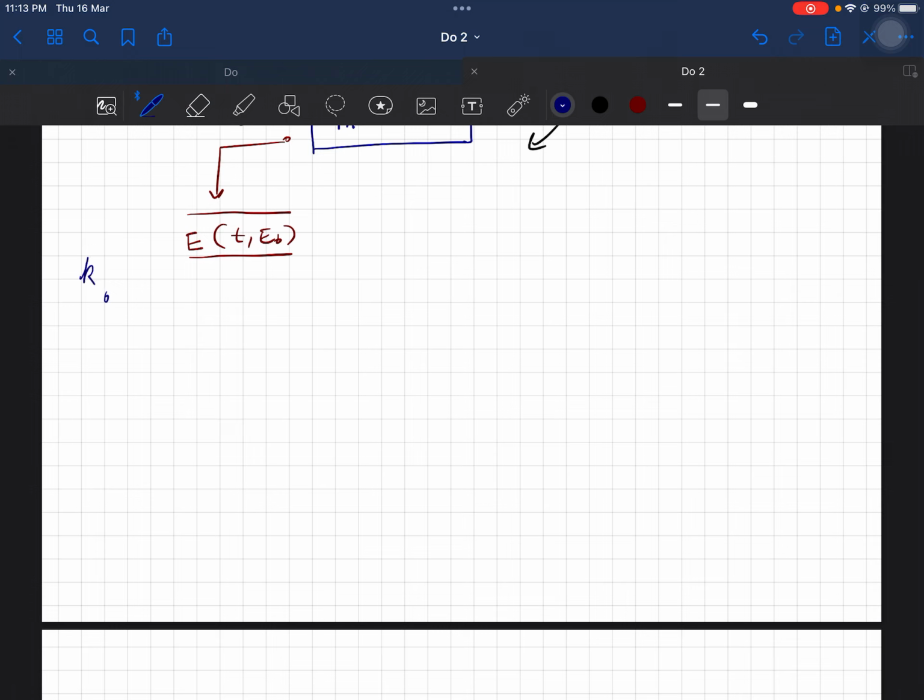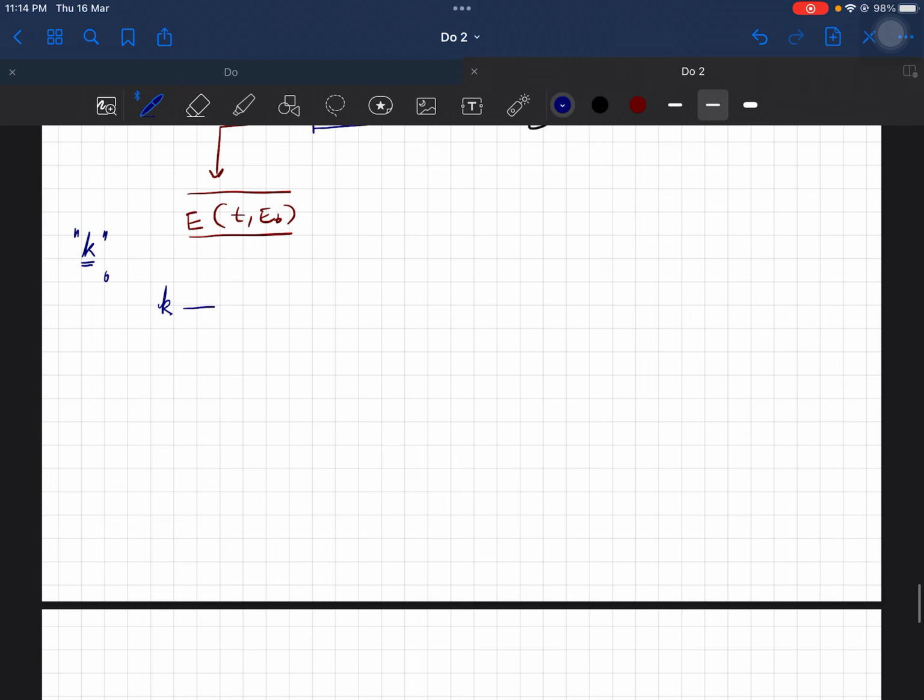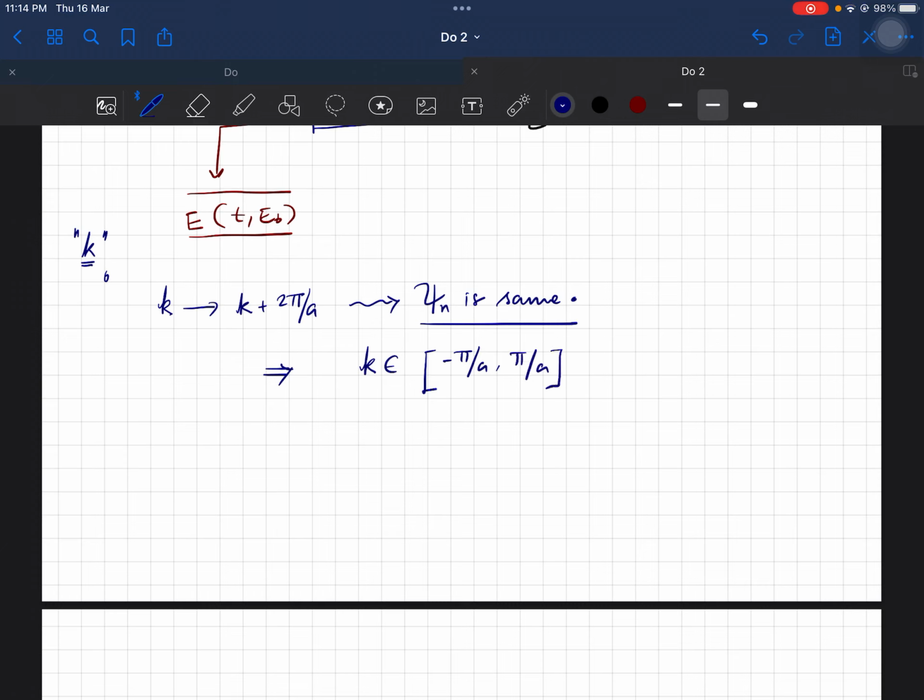Property 1: first, the set of solutions remains the same if we shift from k to k plus 2 pi by a; psi_n is the same. This implies k takes values in minus pi by a to plus pi by a.